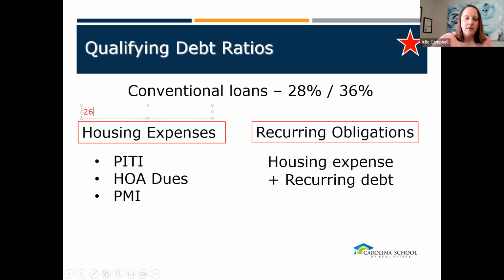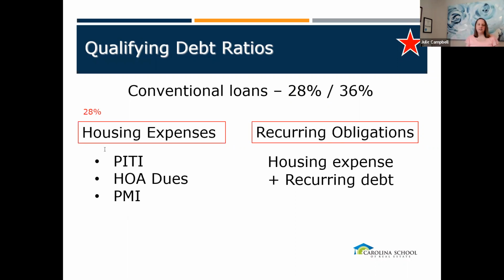First off, the 28% ratio looks at housing expenses. And the lender says that housing expenses consist of your PITI, principal and interest, your debt service, 1/12 of your taxes, and 1/12 of your insurance. HOA dues, if applicable, and PMI, private mortgage insurance.